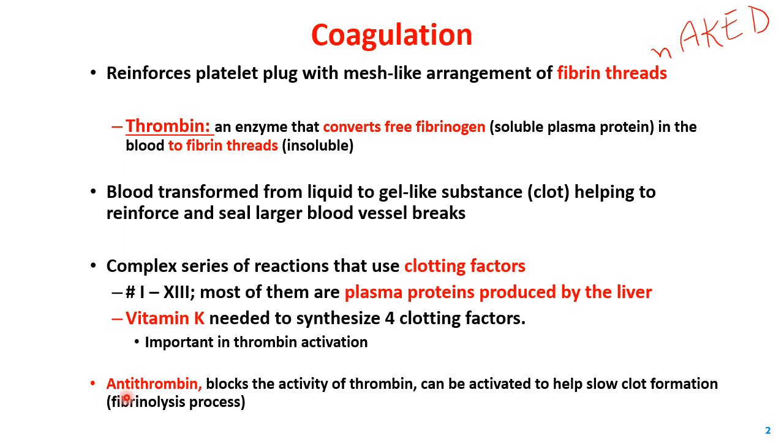So there are certain things that are going to prevent coagulation from just happening. The coagulation cascade can really happen anywhere, anytime, if you do not have proteins or factors that control this cascade. Here I give you an example of antithrombin, which is an important checkpoint to avoid spontaneous coagulation.